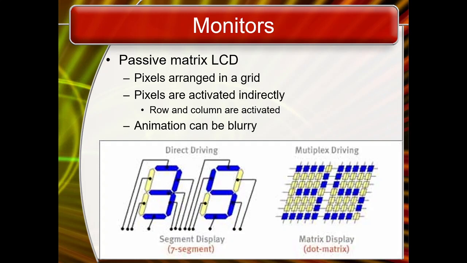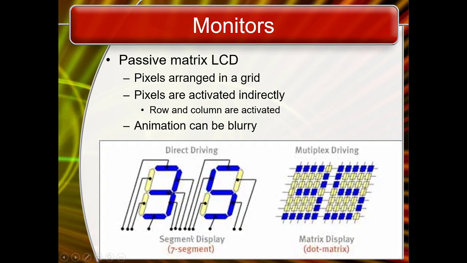Rows and columns are activated, and the animation obtained can be blurry. If you look from the front of a passive matrix LCD, the image is clear, and if you deviate at a certain angle, the image becomes blurrier and blurrier.